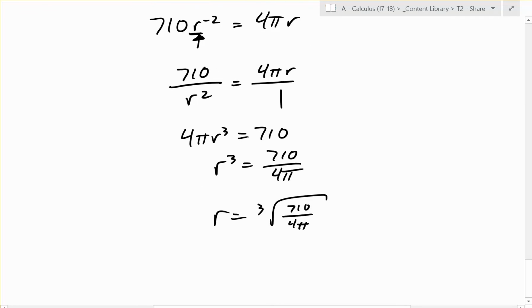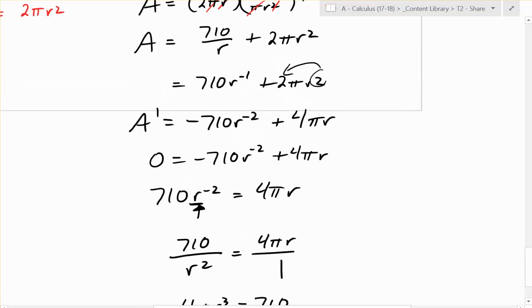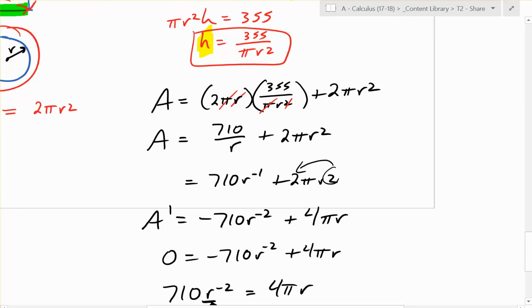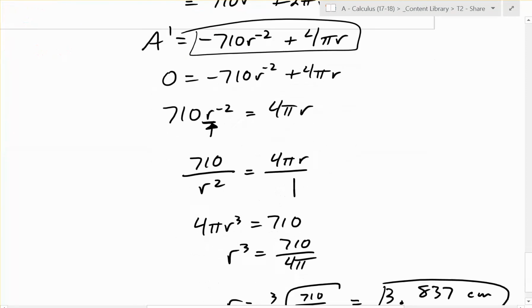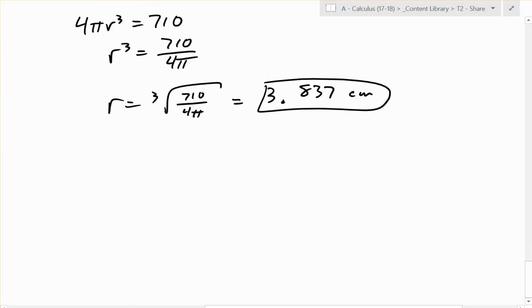And if you use your calculator, which you really have to do to get that, you end up with r is going to be equal to 3.837, and that's the radius of the ideal can. You also need to do a sign diagram to prove that you're minimizing the area function, so you would use A prime here, and it is a minimum. But if we want the h value, so that's the r value, remember what's the height of the can?